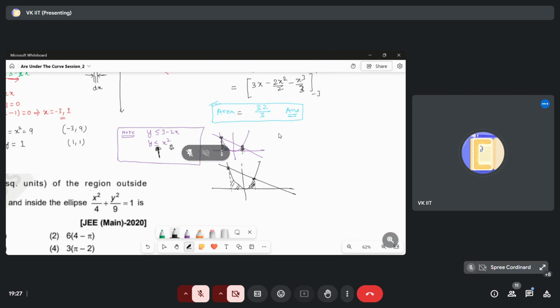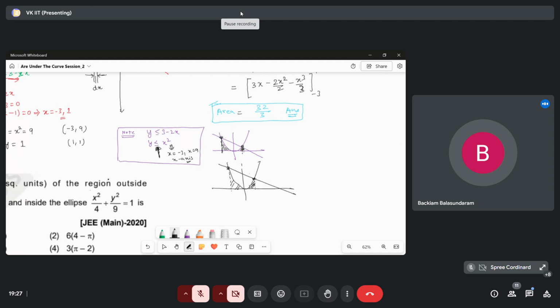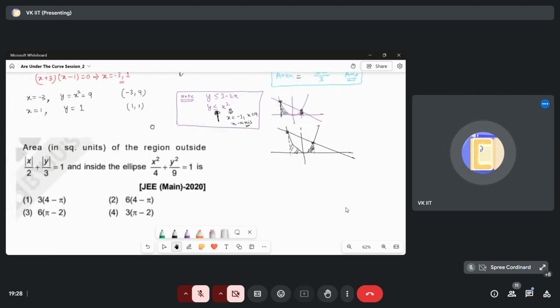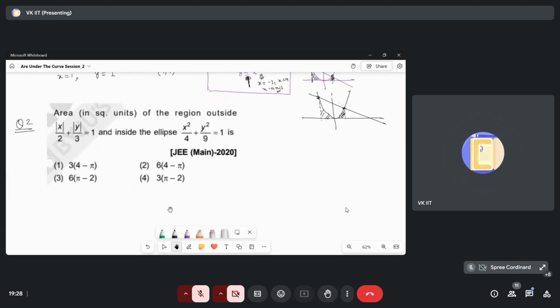But this is for when it is given from x equal to minus 3 to x equal to 9. So if they have given questions like this, generally we should consider the limits as the points of intersection. But they will also be giving you the conditions. Okay.